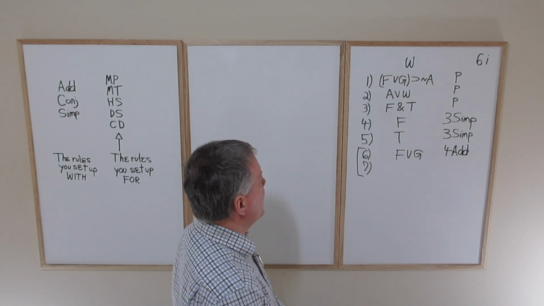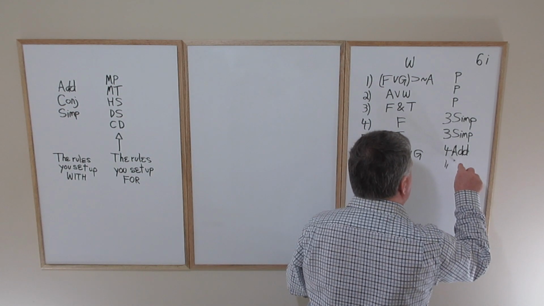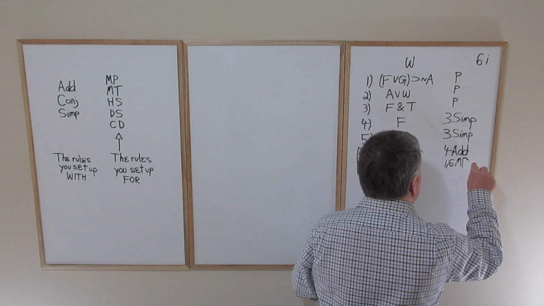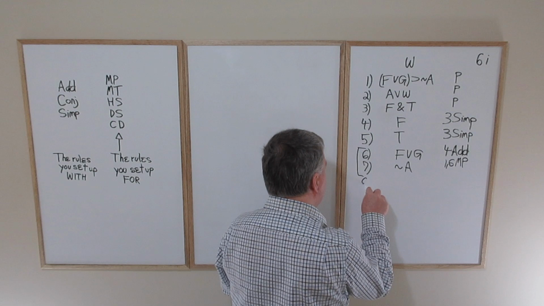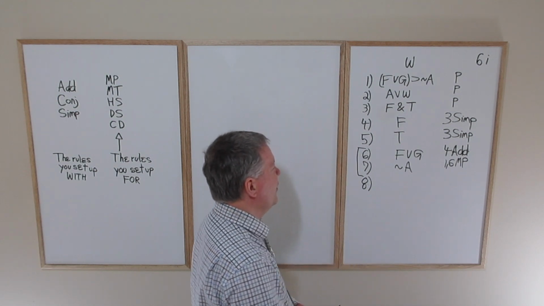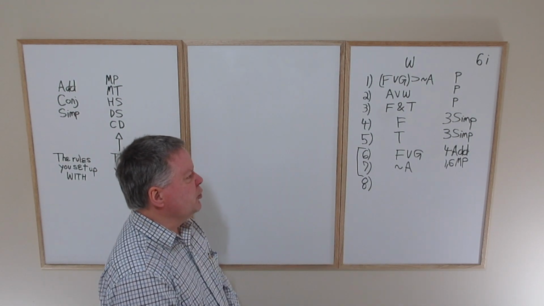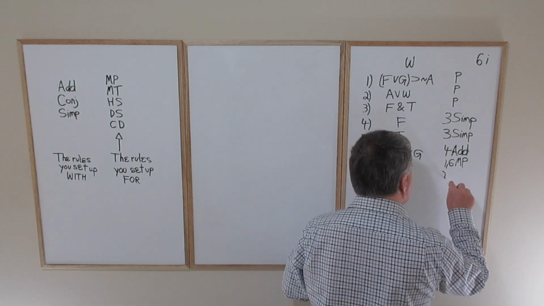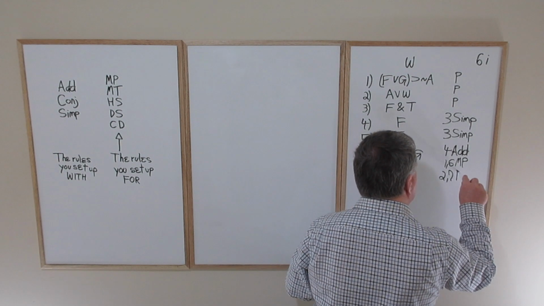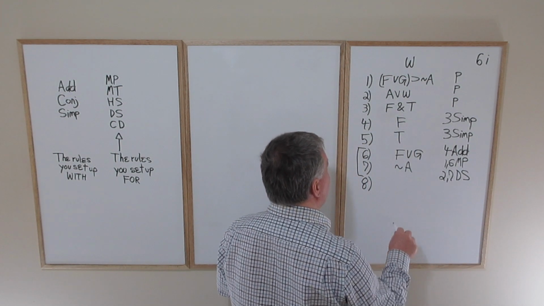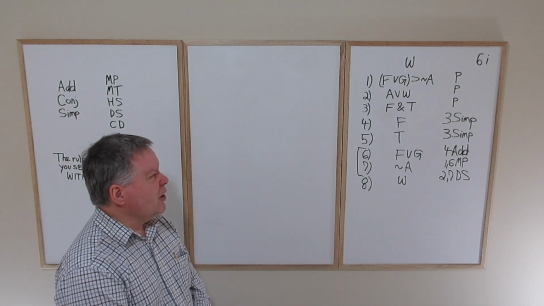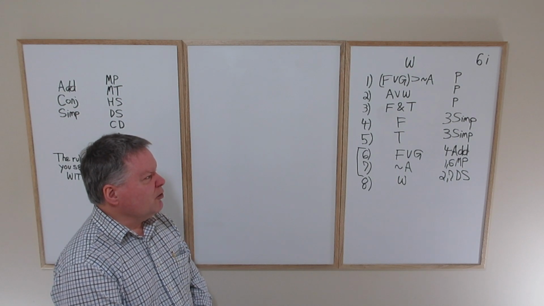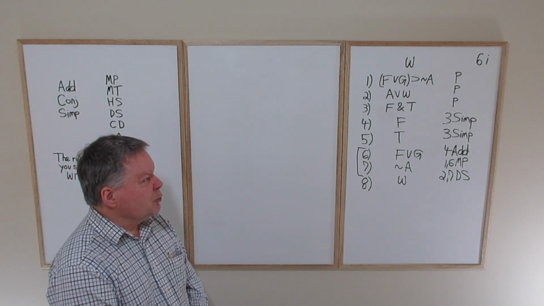Now 1,6 modus ponens will give us tilde A. We can end things off with 2,7 disjunctive syllogism to give us the right disjunct of line 2, which is the required conclusion.